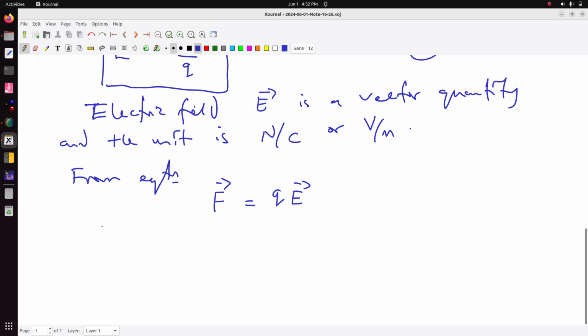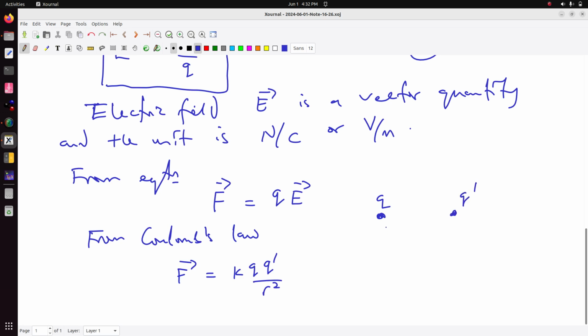Now, from Coulomb's law, let's say this is Q and this is Q prime. R is the distance between the two charges. So the force of either attraction or repulsion between these two charges is F equals KQQ prime over R squared.